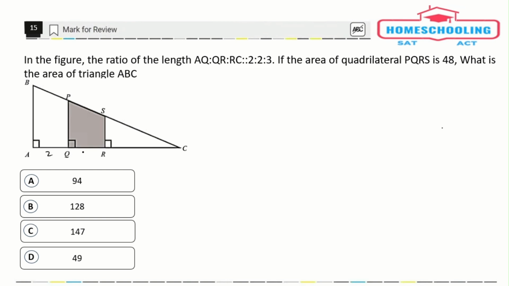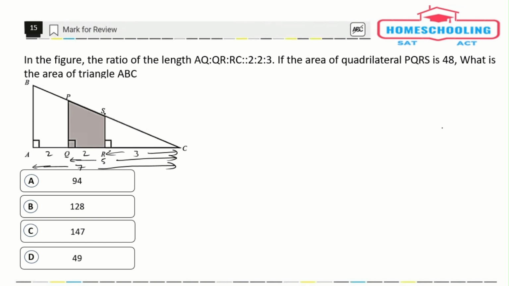So we can say that RC is 3, QC is from here to here, 2 plus 3, that is 5. And AC is 2 plus 2 plus 3, that is 7. So AC is 7.